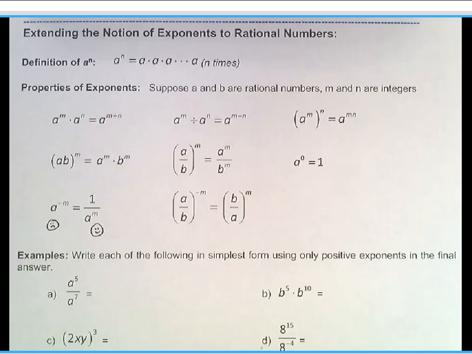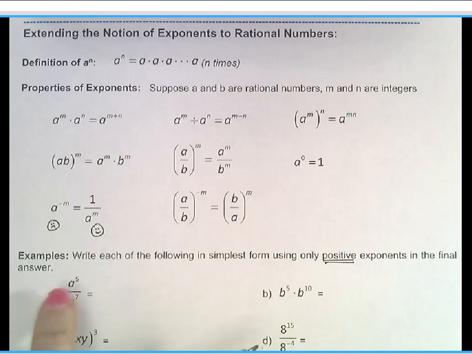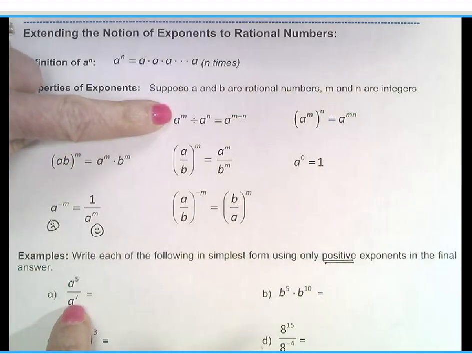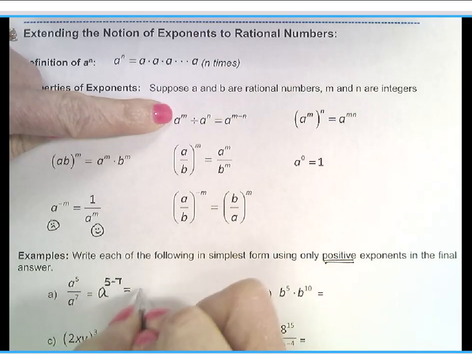So let's do a few examples. We're going to write each of the following in the simplest form, and we only want to have positive exponents in the final answer, so no negative exponents. All right, so we have a to the 5th divided by a to the 7th. You are dividing like bases, so the rule says we subtract the powers. So we can combine them into a to the 5 minus 7 power.